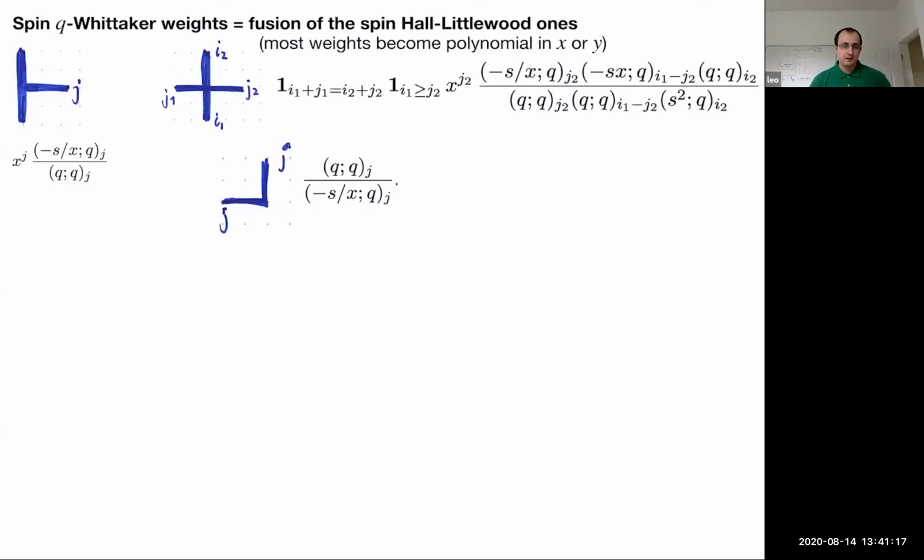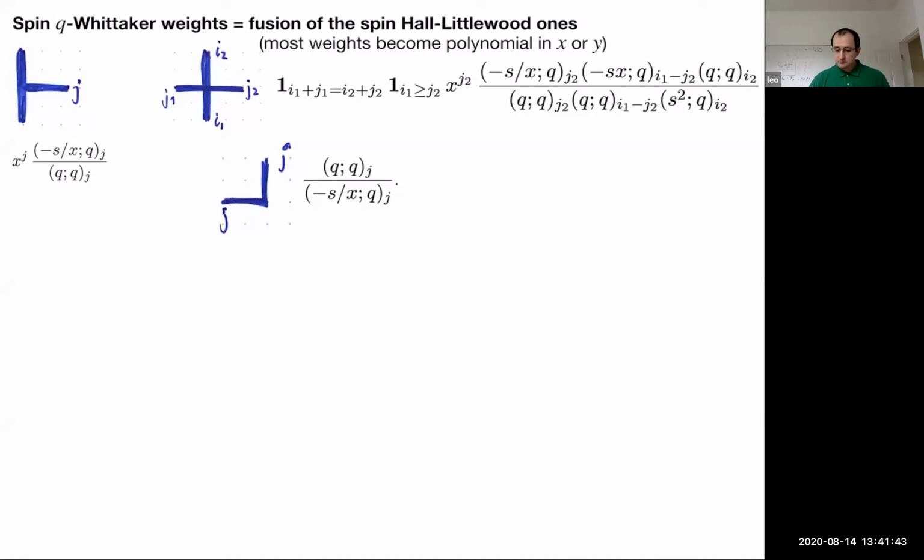Basically, if you take spin-Hall-Littlewood vertices and you apply a procedure called fusion, which involves certain layering of vertices and then summing up and then specializing, this fusion preserves the Yang-Baxter equation. So the fusion is a nice procedure preserving integrability of the models.